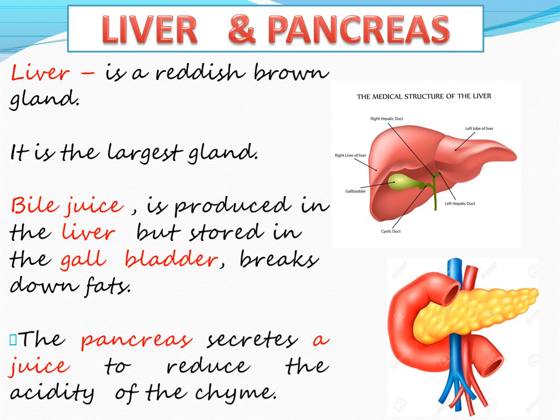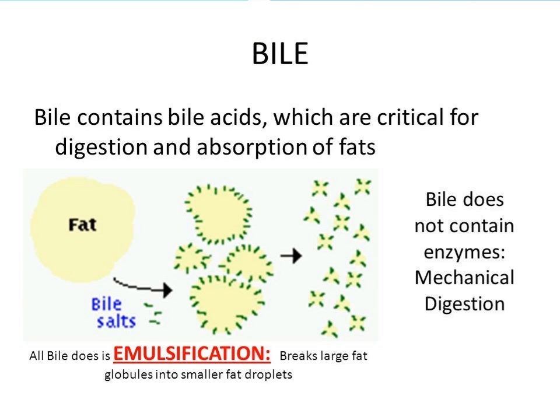The pancreas also secretes juices to reduce the acidity of the chyme. Bile contains bile acids, which are involved in the digestion and absorption of fats. All the bile does is emulsification, which breaks the large fat globules into smaller fat droplets.